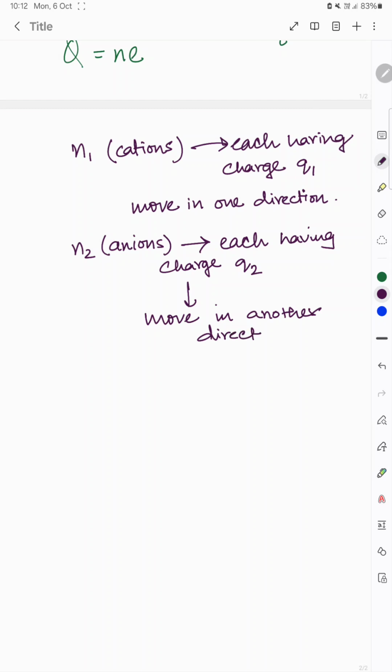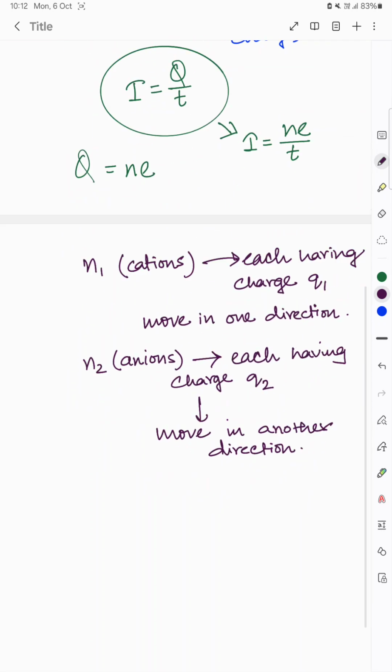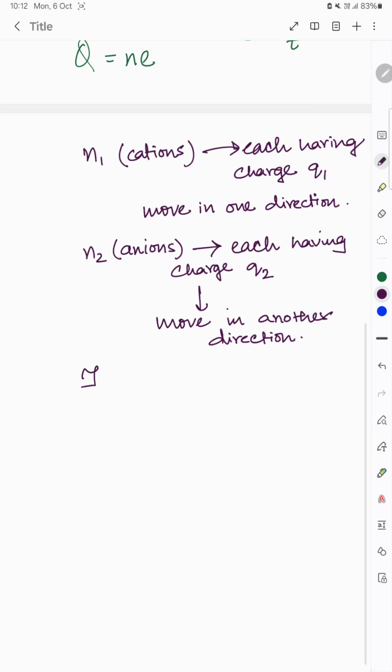So the case is quite clear to all of you, right? And each are moving in time t, so the time is t. Now what will be the current, total current?